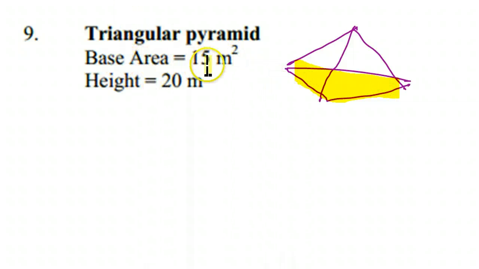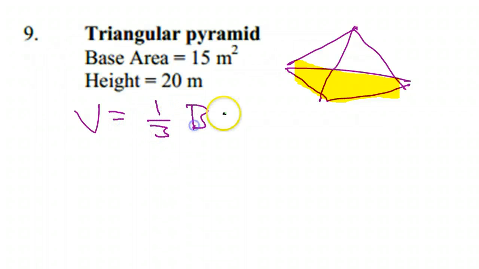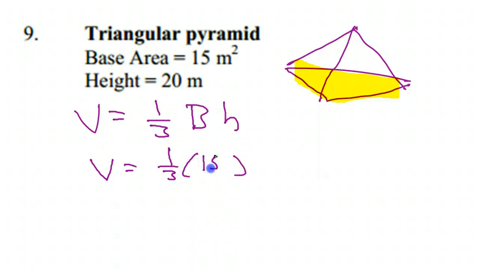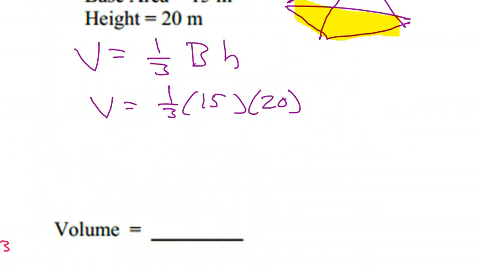They just gave us the area of the base straight out. So when we go to do our volume, which is 1/3 area of the base times the height, they gave us both of these things directly. So that's 1/3. They told us the base area is 15 meters squared, and the height is 20. What could be simpler?